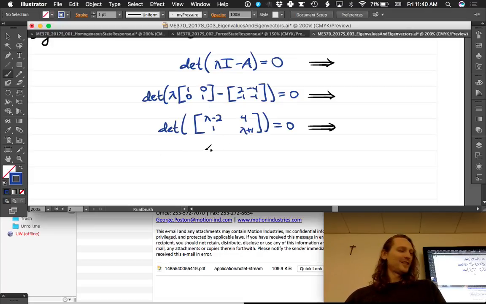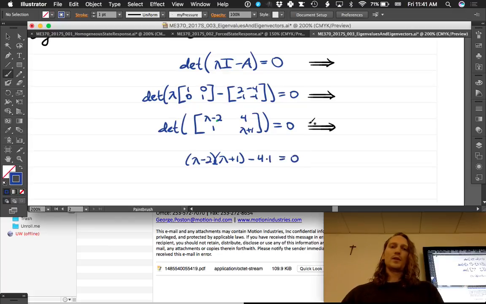So we have lambda minus 2 times lambda plus 1, and subtract 4 times 1. So minus 4 times 1.